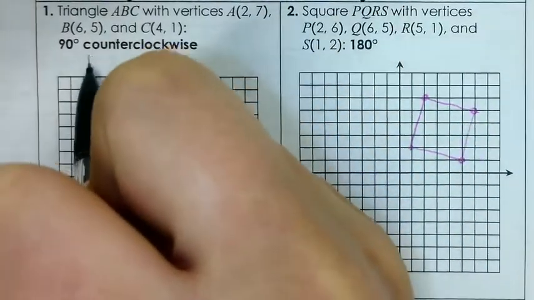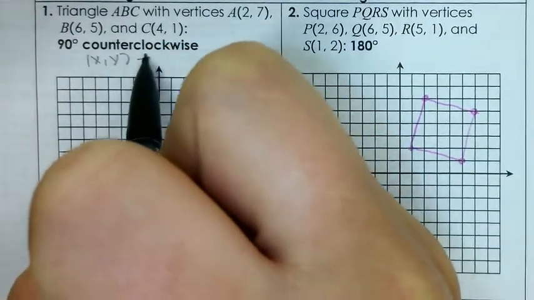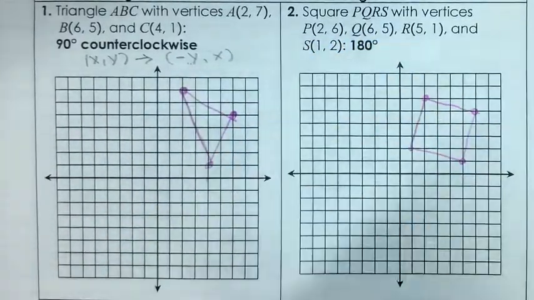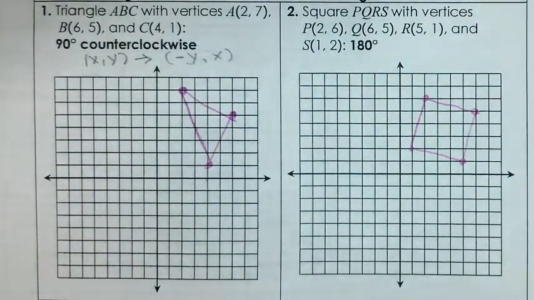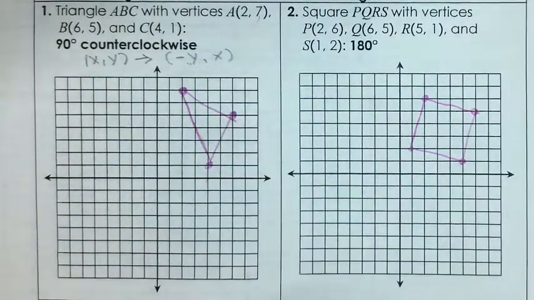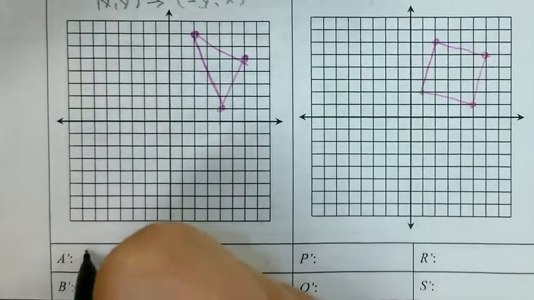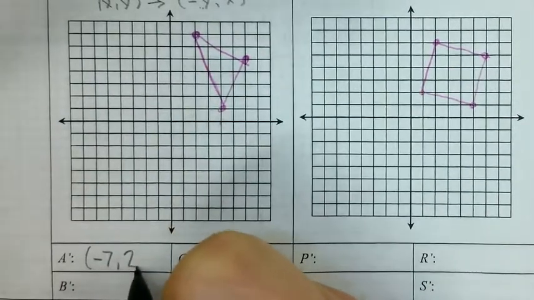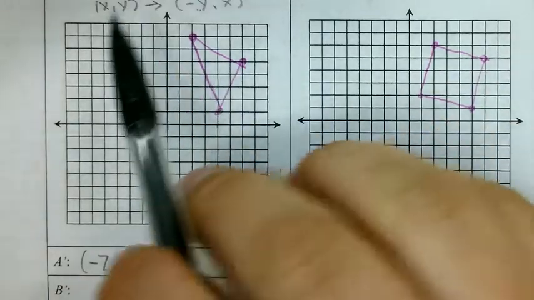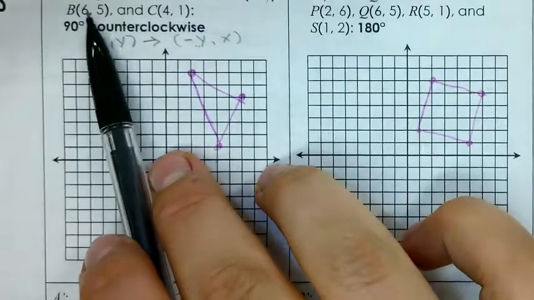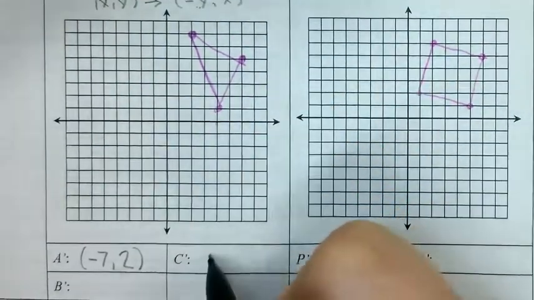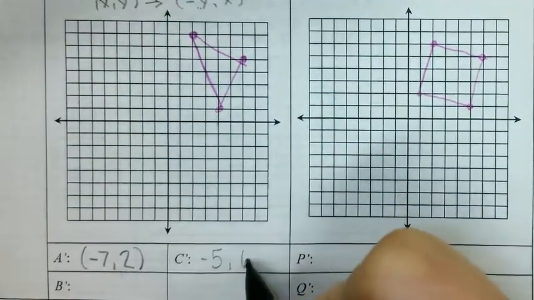Remember, we're taking our ordered pair, flipping it and negating what's in the x space. This first point, (2, 7), is now going to be (-7, 2). (6, 5) is now going to be (-5, 6).